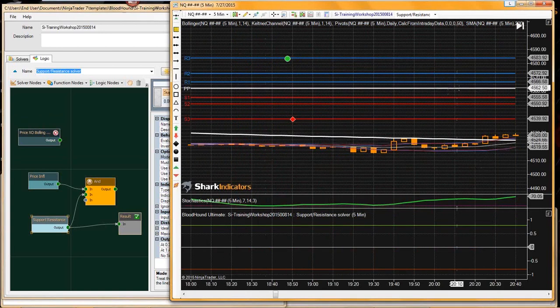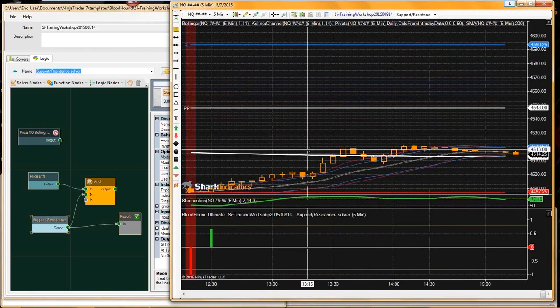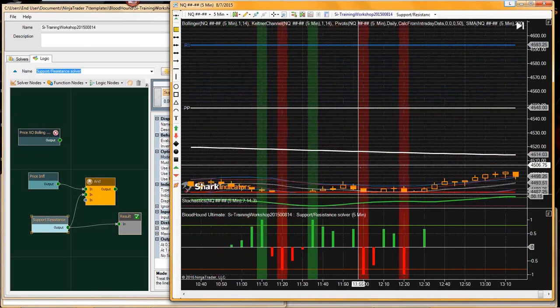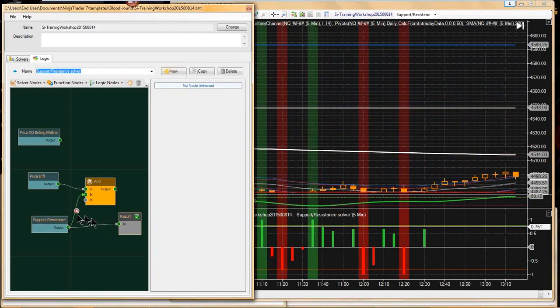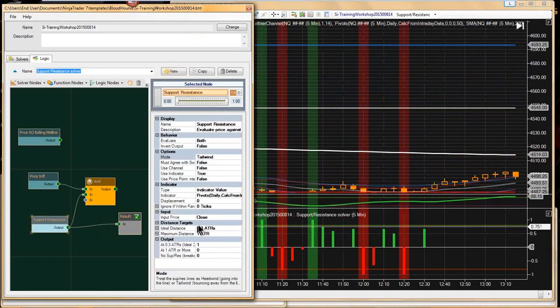All right, so let's see, tailwind mode. I switched this to tailwind mode. Our indicator is still set to the pivots, but our distance targets changed. When you're using tailwind mode, that's a different way of comparing price to your support resistance lines.